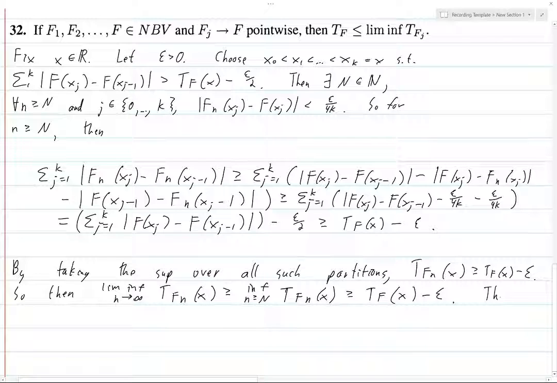Then this holds for all epsilon greater than 0, and thus the lim inf as n goes to infinity of Tfn of x is greater than or equal to Tf of x.